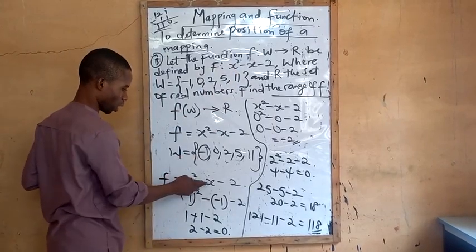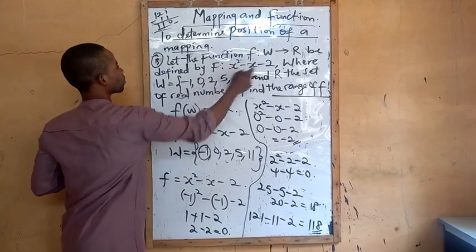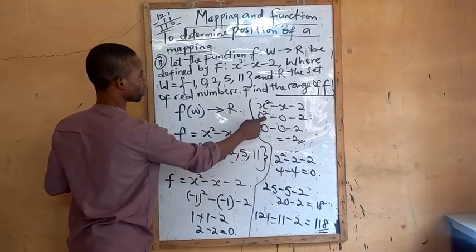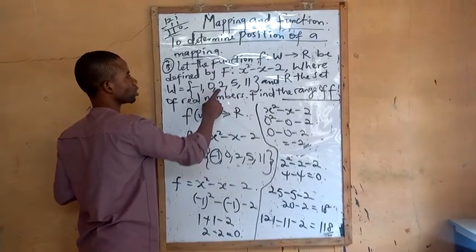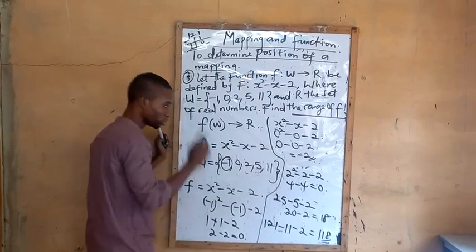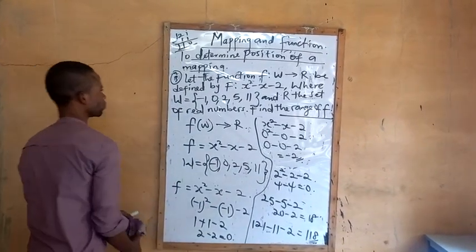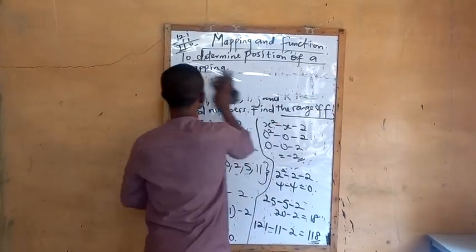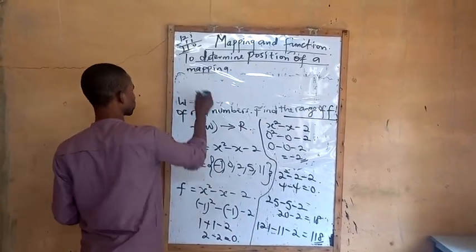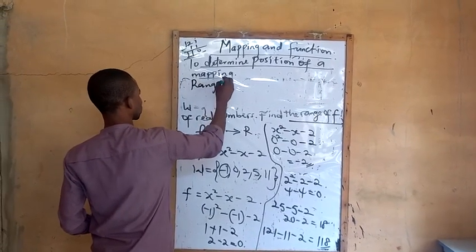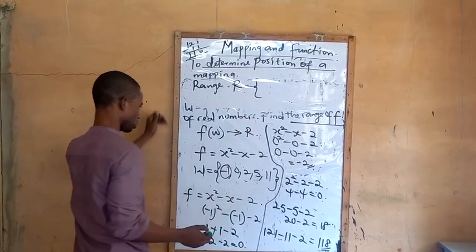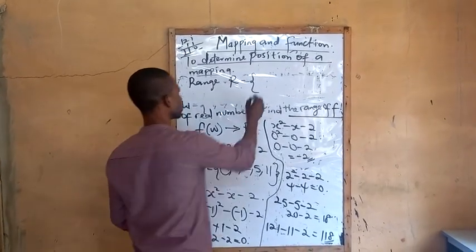That's what happens here. Anywhere I see x, I'll put 0. That's what happens here. Anywhere I see x, I'll put 2. Anywhere I see x, I'll put 5. Anywhere I see x, I'll put 11. So the range is going to be: what's the first answer we got? 0.